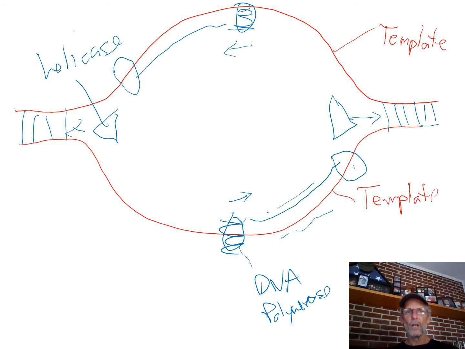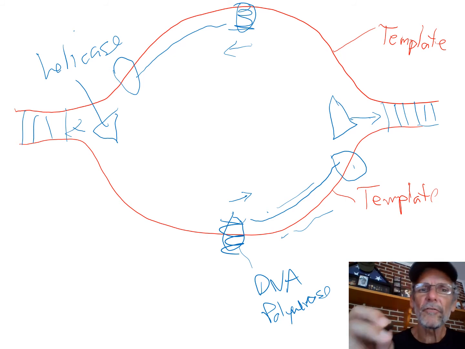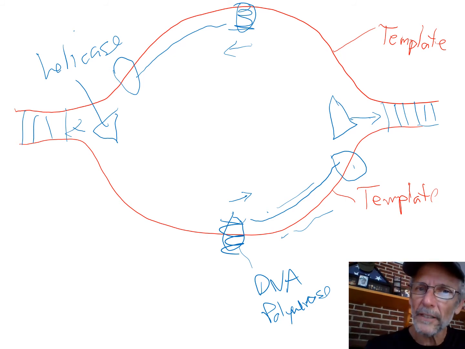Okay. So first of all, what direction are they going in? Well, the way we talk about direction in terms of this DNA molecule has to do with the way that we number the carbons in the sugar molecule that's part of the sugar phosphate backbone, right?